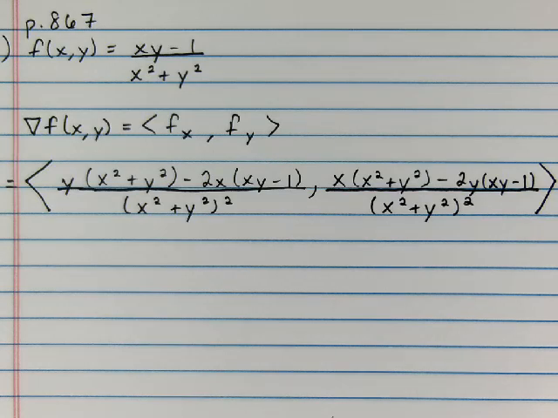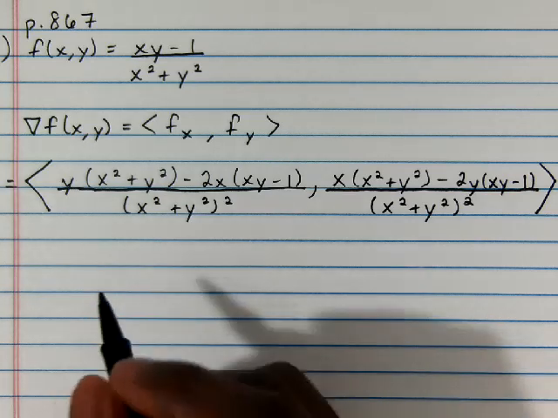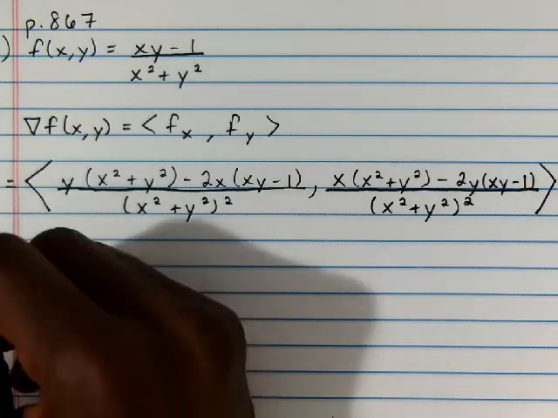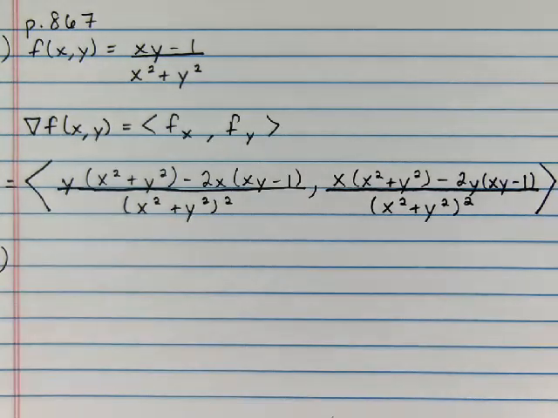Let's look at another problem in this section. We'll look at number 10, which says, in exercises 9 through 14, find the gradient of the function at the given point.